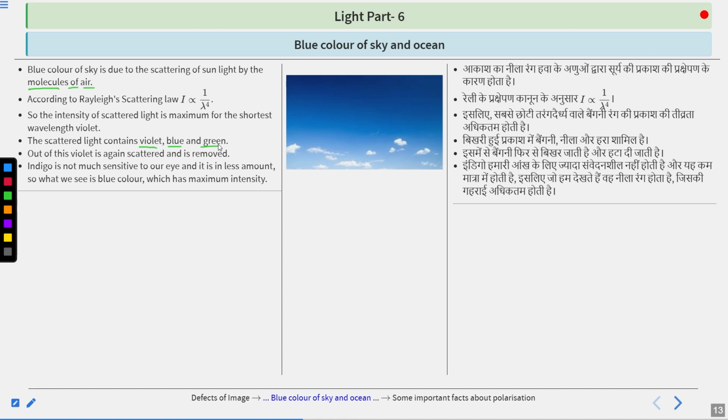But what happens at that time? We could only see the blue. Why? Because blue has a maximum intensity. So that's why it appears blue. Whenever you look at the sky during a clear day, you will always find it in a blue color because of the scattering of blue light with the maximum intensity.